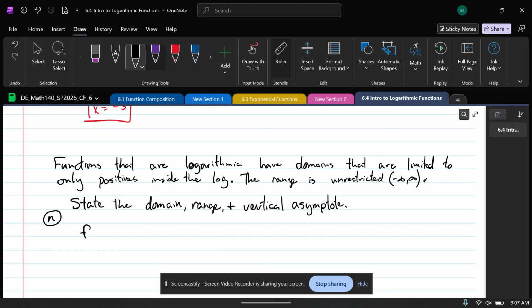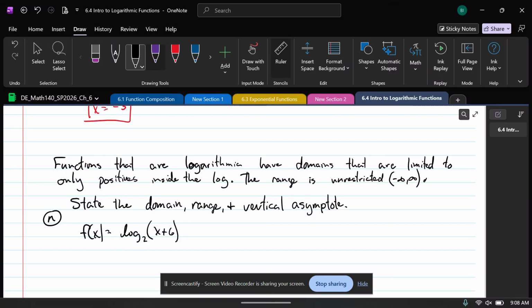F of x is equal to log base 2 of x plus 6. Anytime you're dealing with logarithms, it really doesn't matter about the base of the log. That doesn't change anything about domain or range or vertical asymptote. You could have log base 2, you could have log base 26. All that the base does is change how fast the curve happens.